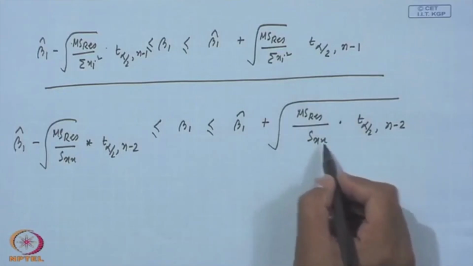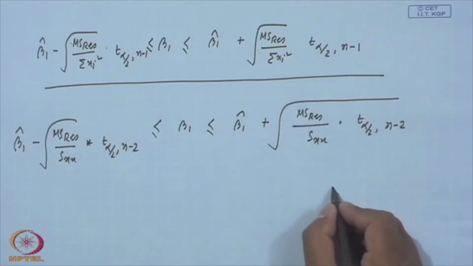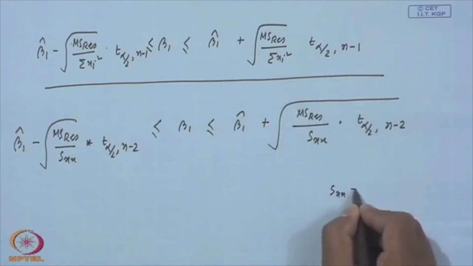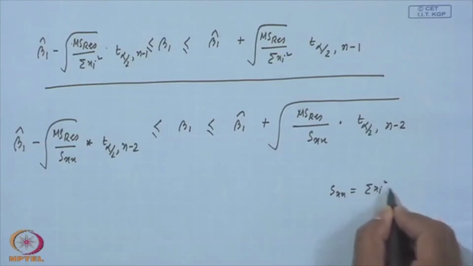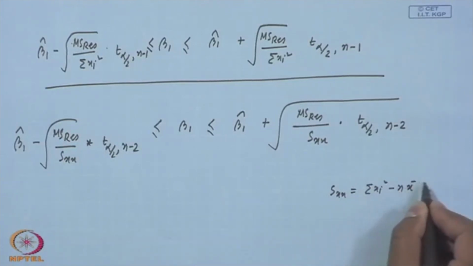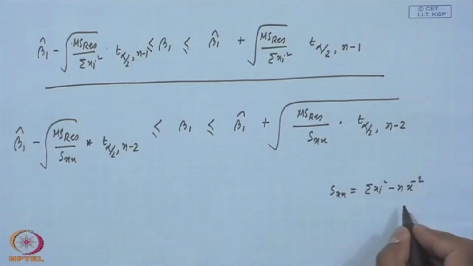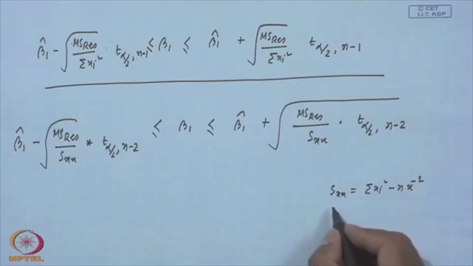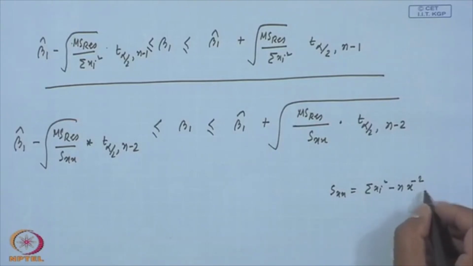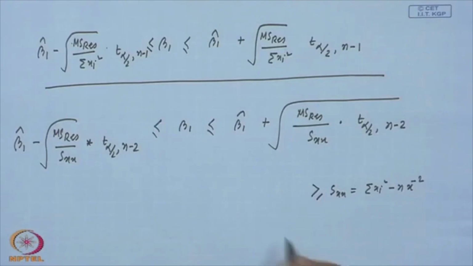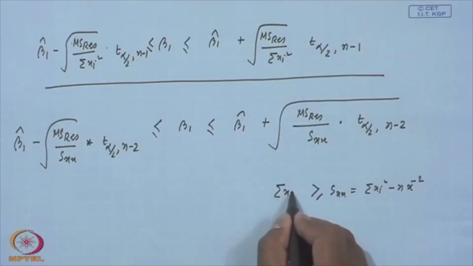See, S x x is equal to summation x I square minus n x bar square, which implies that S x x is smaller than summation x I square.